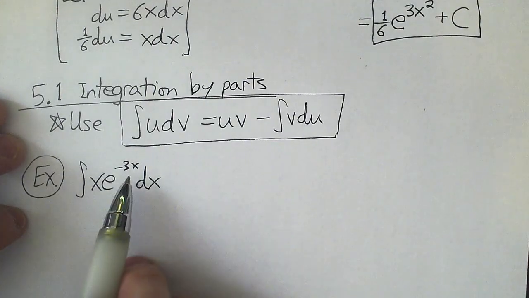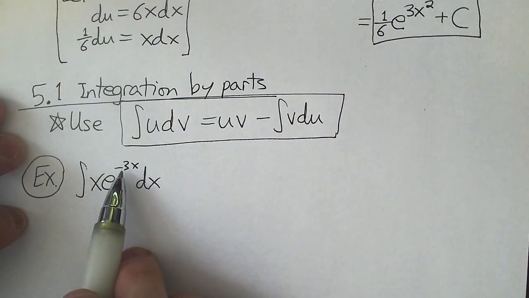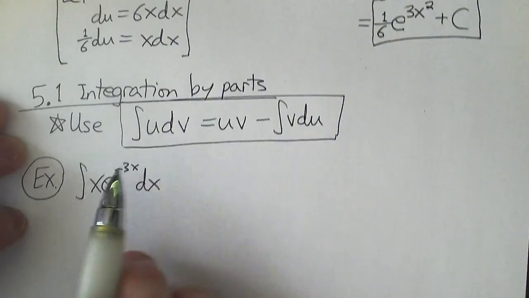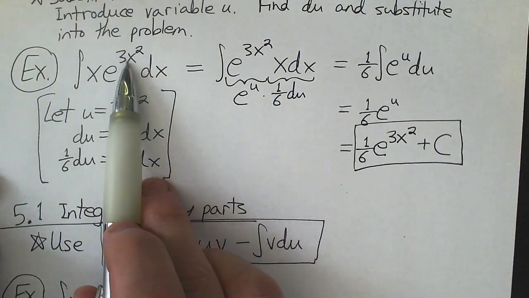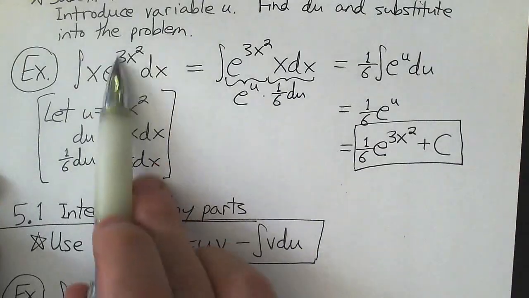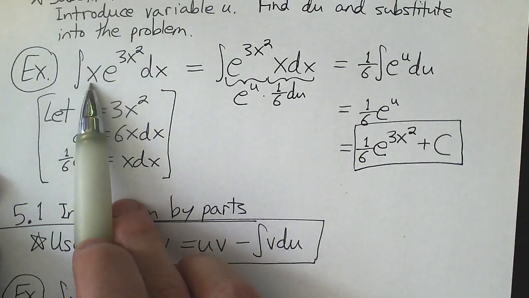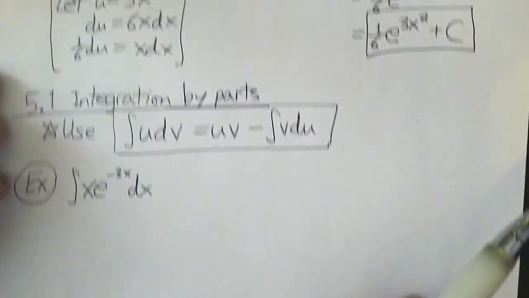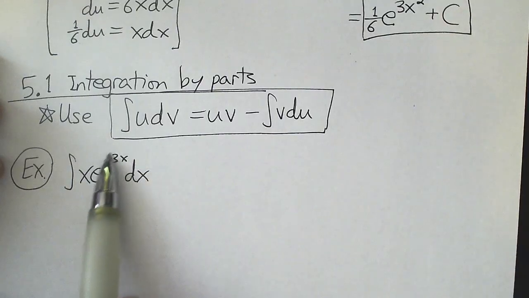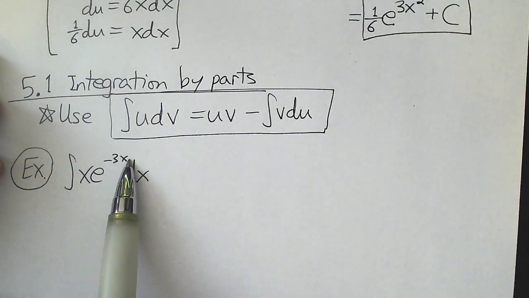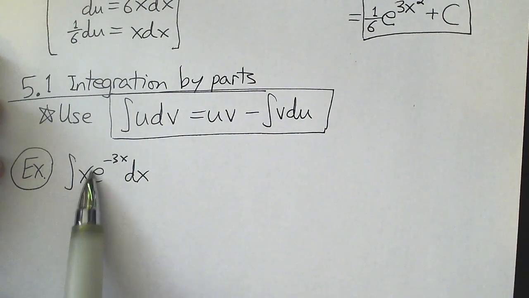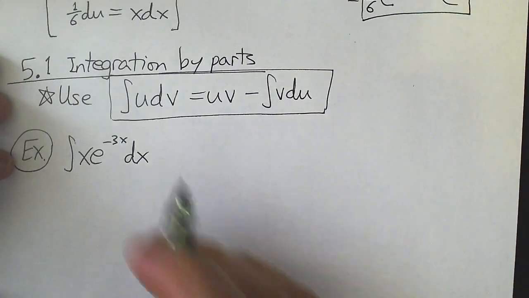I do a quick mental check of would substitution work, and I quickly see that it would not. What made substitution work so beautifully in this first problem was that this had an x squared and this had an x, so that the derivative worked out well. This time, if I tried to do a substitution, du would not really take care of that x for us.